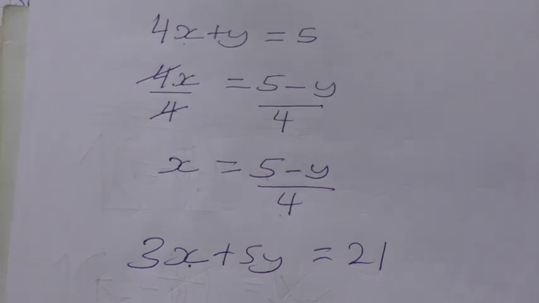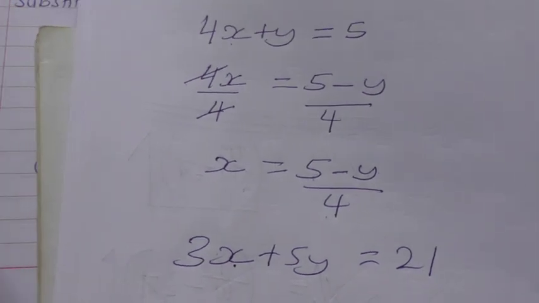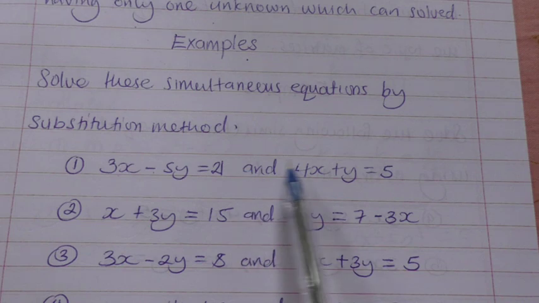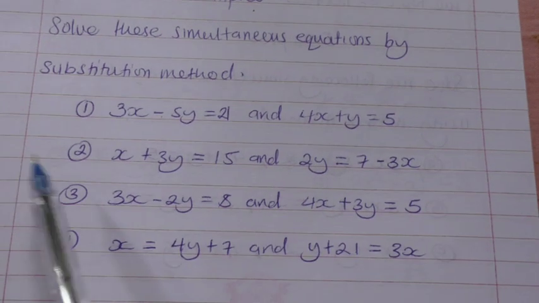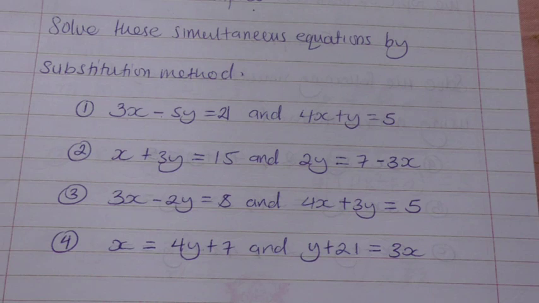On top of that, I would also want to leave you with some trial numbers on substitution. We've done number 1 together. You're doing the remaining 3: number 2, number 3, and number 4. Please comment with your solutions so that we share and learn together.